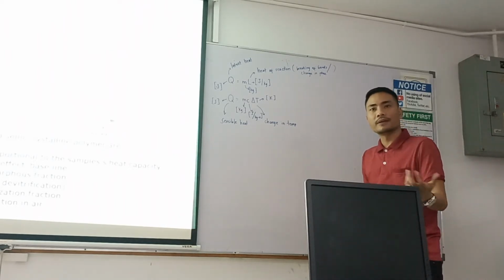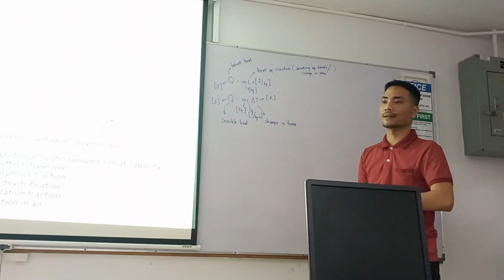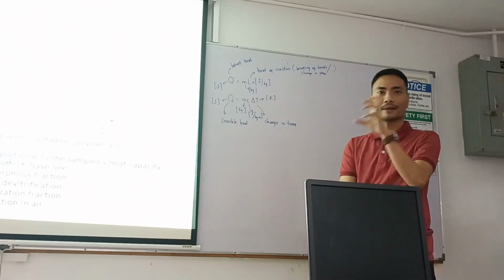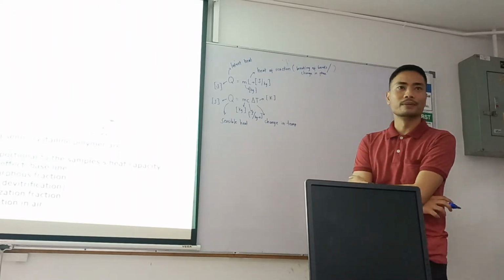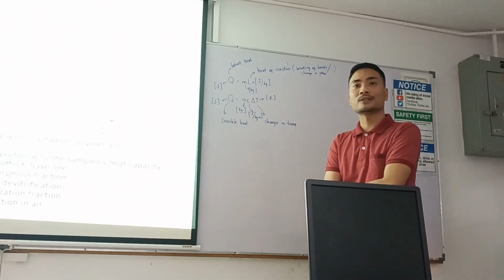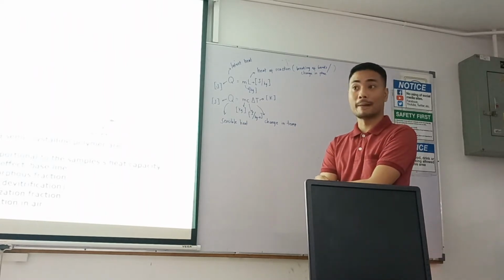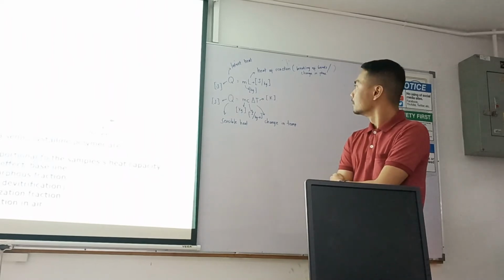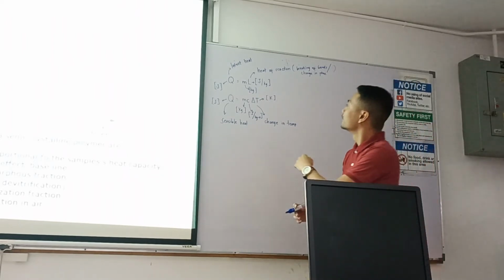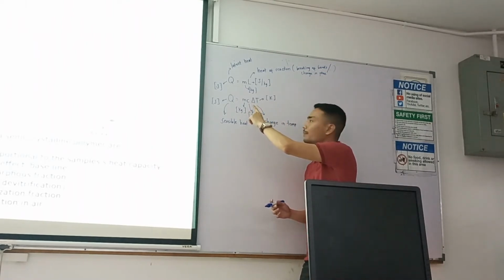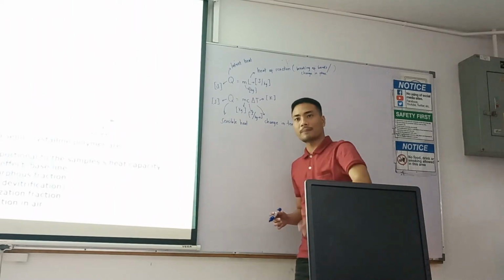Because you're going to be having some computations dun sa finals ninyo. Okay, hindi lang basta yung concept. So, just a review of the equations for latent and sensible heat. What do we mean by C here? Specific heat capacity, which is just what?